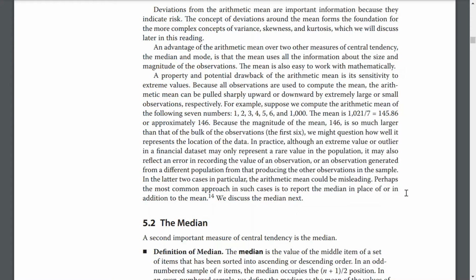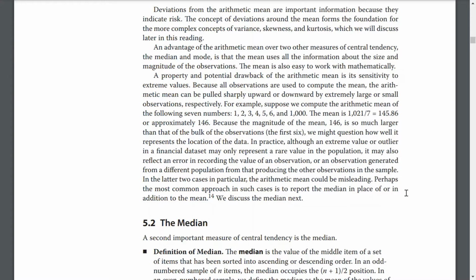Because the magnitude of the mean, 146, is so much larger than that of the bulk of the observations, the first 6, we might question how well it represents the data set. 1,000 may only represent a rare value in the population. It may also come from a different population than the one producing the other observations in a sample.